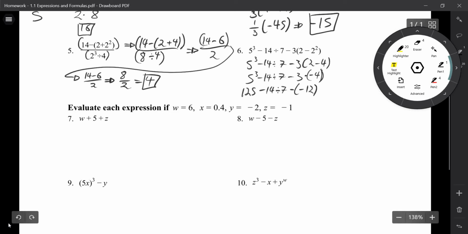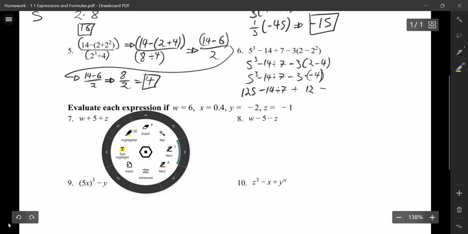And if we want to, in the same step, we can realize that if we're subtracting this negative 12, it's the same exact thing as adding a 12. So we can do that step here if you're comfortable doing that. If you want to do that in its own independent step, that is absolutely all right.